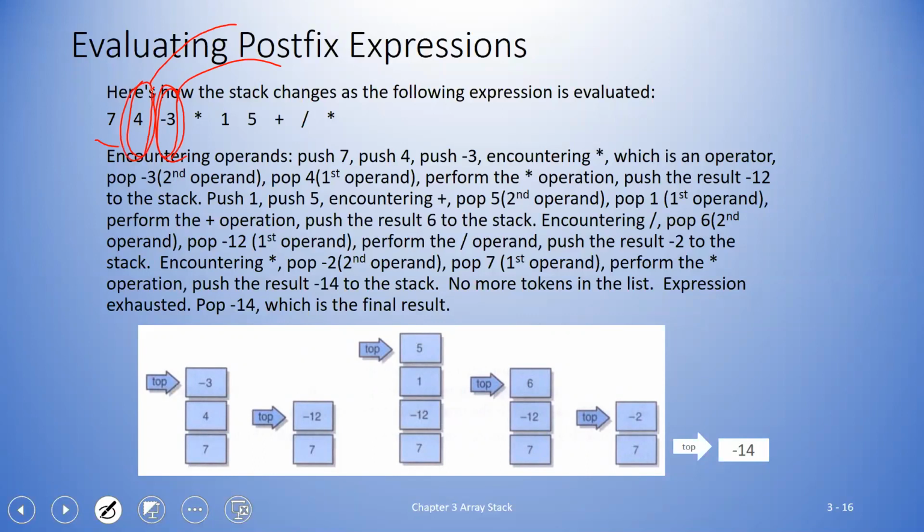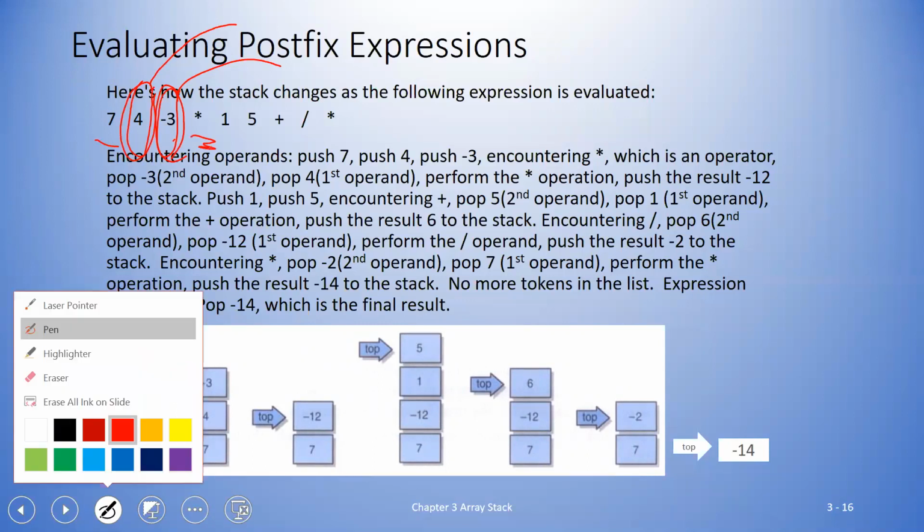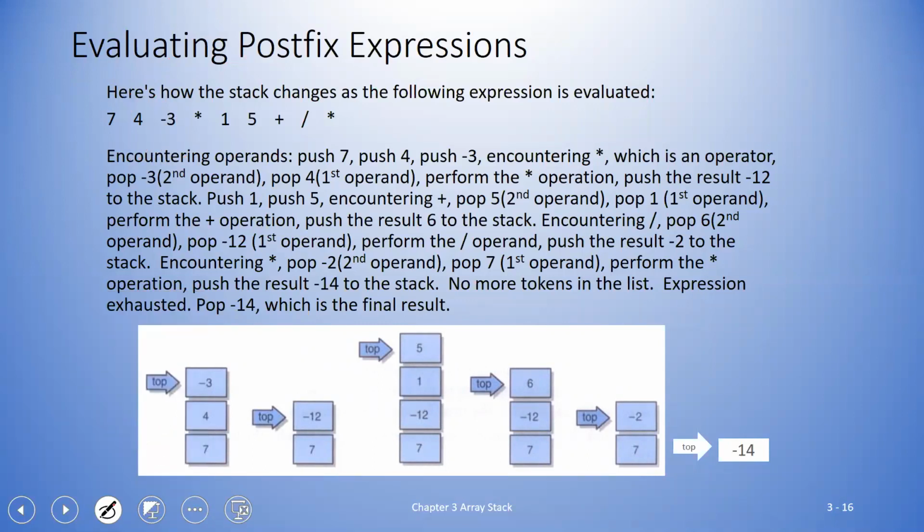Okay, so let's look at this vividly. We push 7 because it's an operand. We push 4 because it's an operand. We push -3 because it's an operand. And now we have an operator. So when we have an operator, what do we do? We don't push anymore. We pop this one and put it into the second operand.